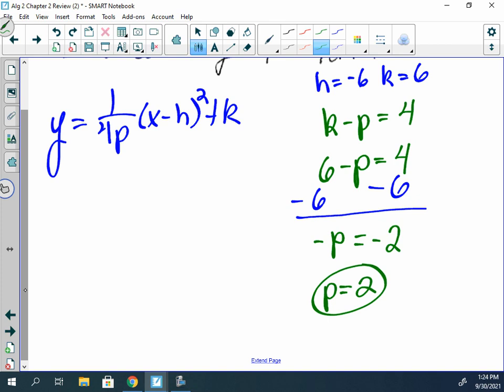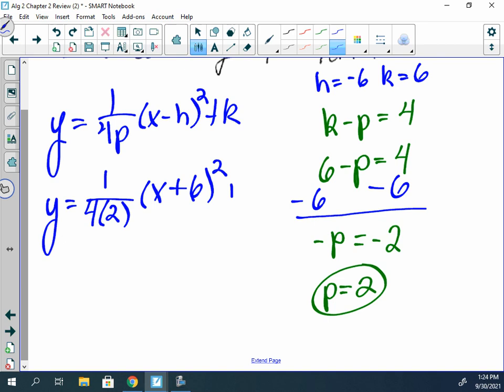All right. Any questions on how we found h, k and p? x minus -6 would be x plus 6, plus 6.